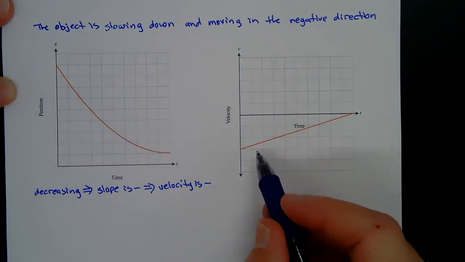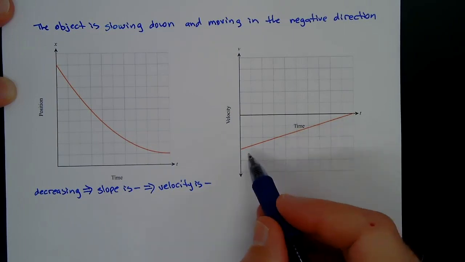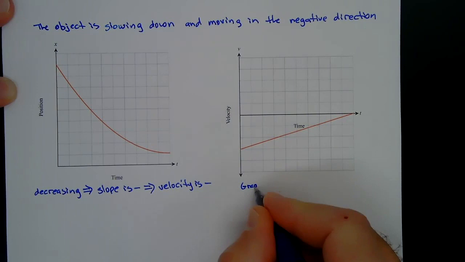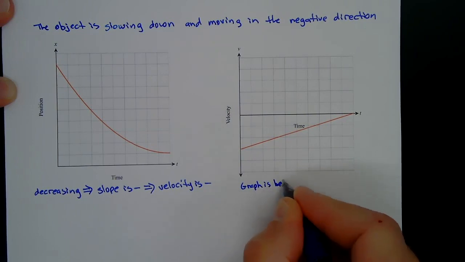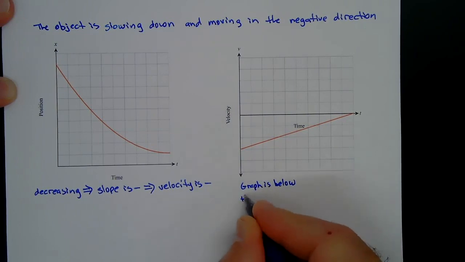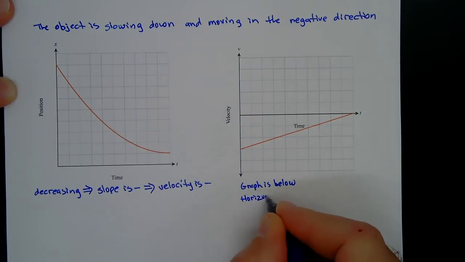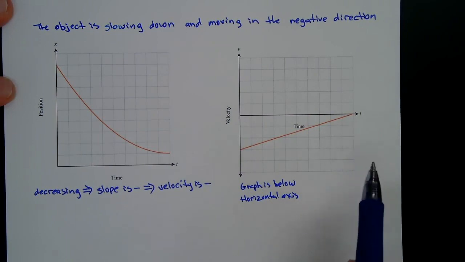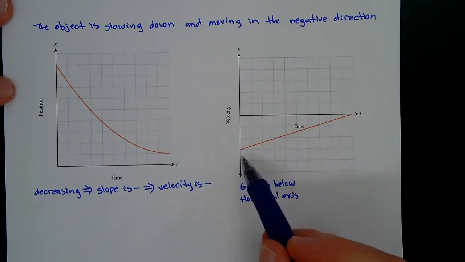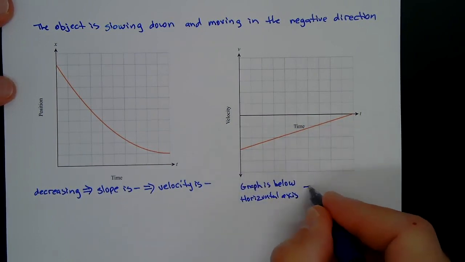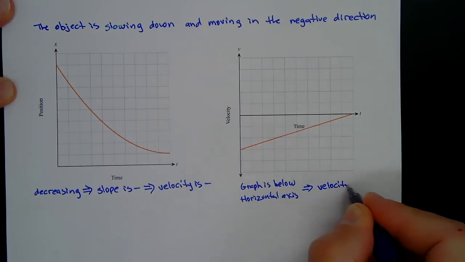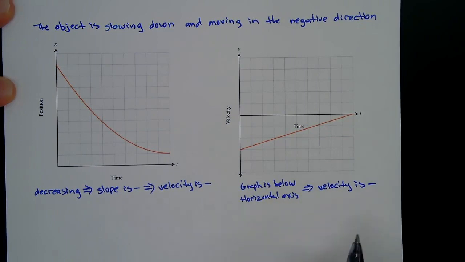Now you look at this graph, the entire graph is below the horizontal axis. And since we're looking at velocity time graph and the graph is below, that means all of these velocities are negative. So that's what's telling me I'm moving in the negative direction.